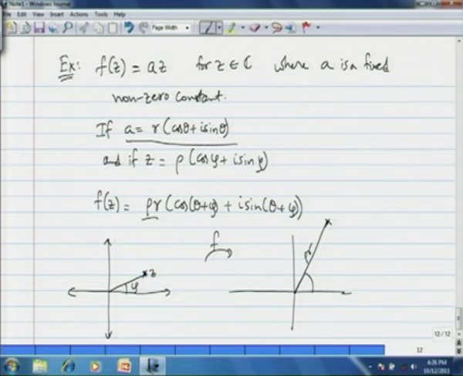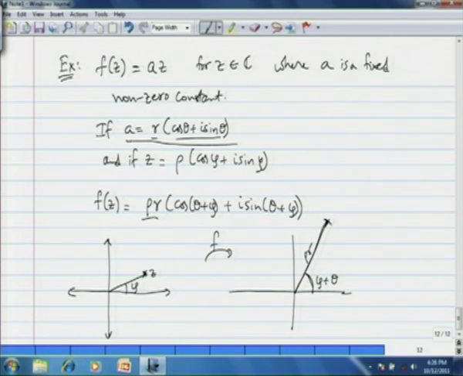So, the length of this vector is rho times r, and the angle of opening with the positive x axis is going to be phi plus theta. This theta and r of course are from a.